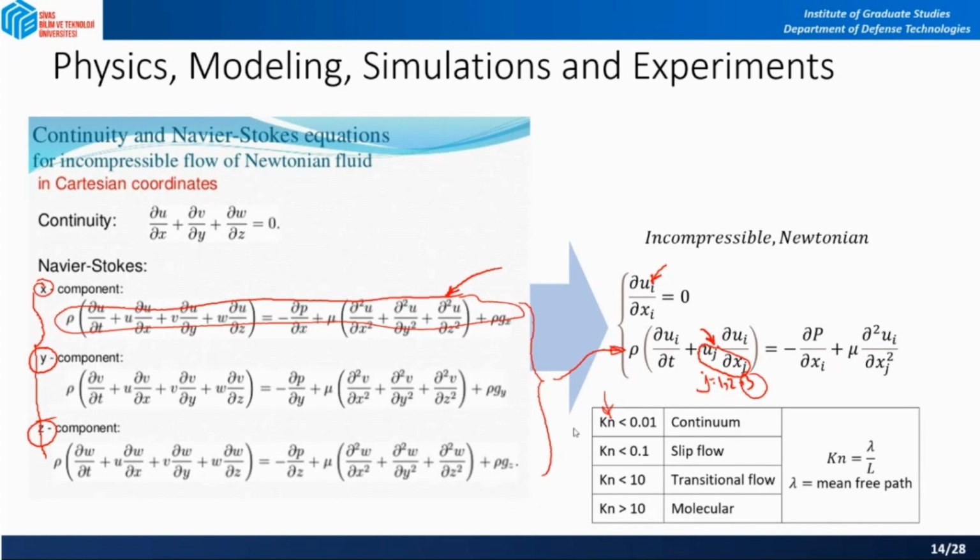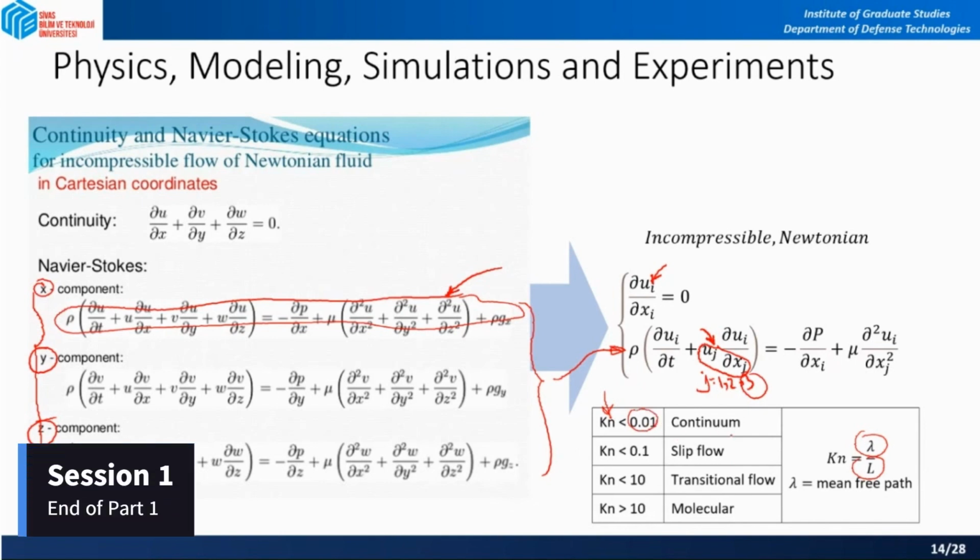If it is continuous, you can use the Navier-Stokes equations. The Knudsen number is your mean free path over your length scale. And if this value is smaller than 0.01, you have a continuous system.